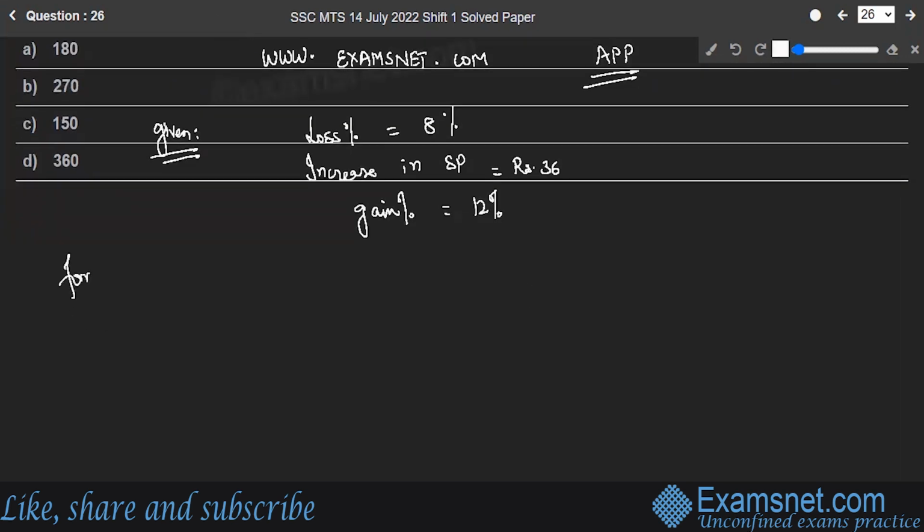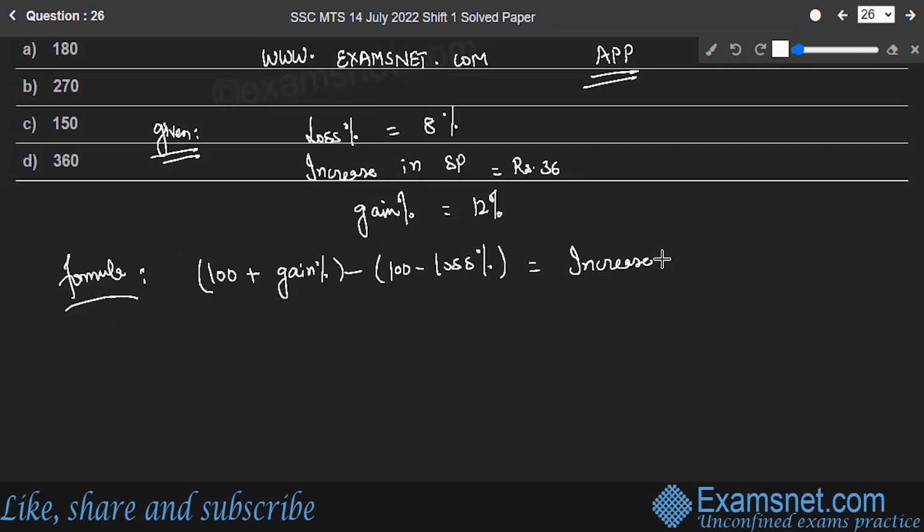Formula: (100 plus gain percent) minus (100 minus loss percent) gives you the increase. Okay, now let's move with the solution.